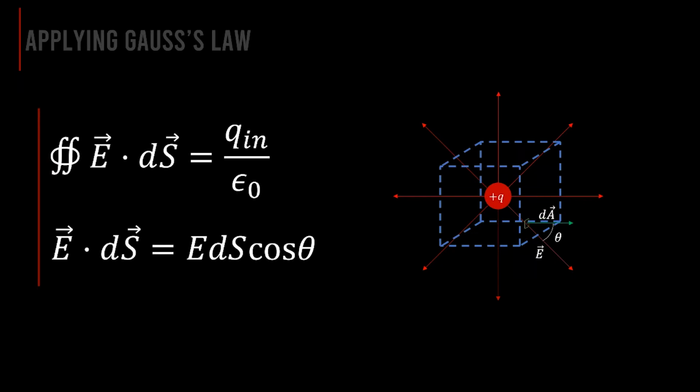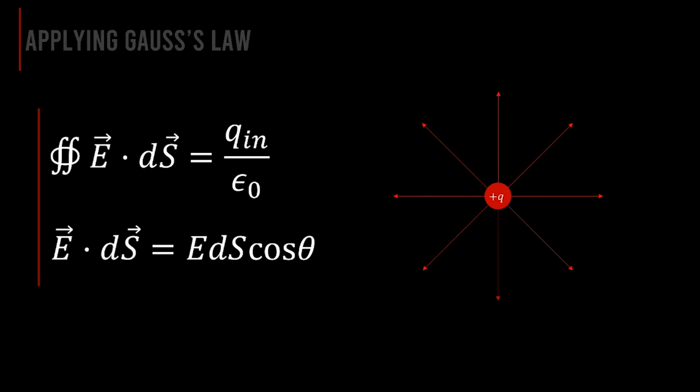So really, trying to enclose something with a cube, if something's spherically symmetric, is not the best way to go about it. But what we can do is try to enclose this with a sphere, because this exhibits good symmetry for the charge that we have. And here we see that ds vector is going to be in the same direction as E vector, which means that for every point on the surface, the angle in between ds vector and E vector is going to be 0, meaning we can evaluate the cosine of theta as cosine of 0, which is 1.